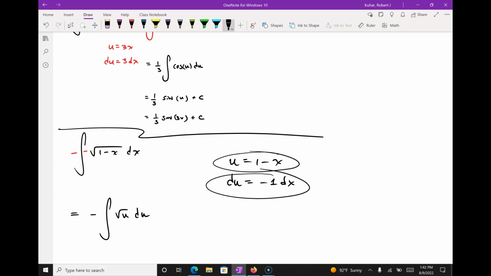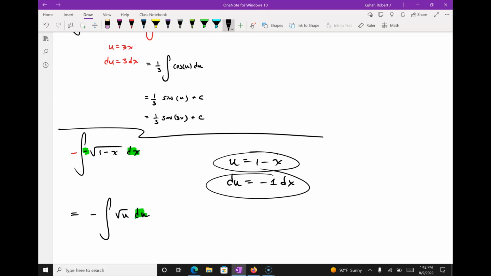So remember, this integral is a sum. Constants move in or out of a sum. I can factor them out, right? Or I could distribute them back in. So that's what I'm doing when I multiply by negative on the inside and cancel it with a negative on the outside. The negative 1 dx is du.